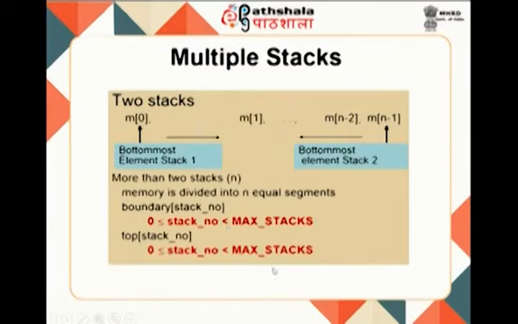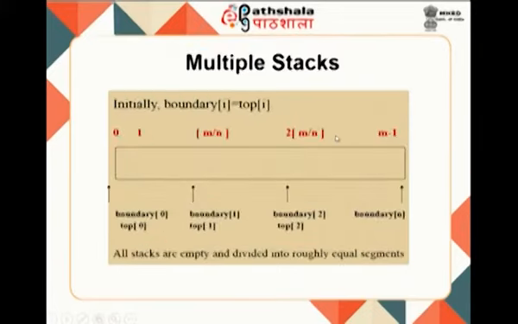So, the idea is that you divide it, for example, if you take 2 stacks, M0 up to half of that goes in this direction, and the other goes in that direction. So, this is boundary 0 top 0, this is boundary 1 top 1, boundary 2 top 2, and boundary n if you have n stacks. Boundary i equal to top i means that the stack is initially empty.